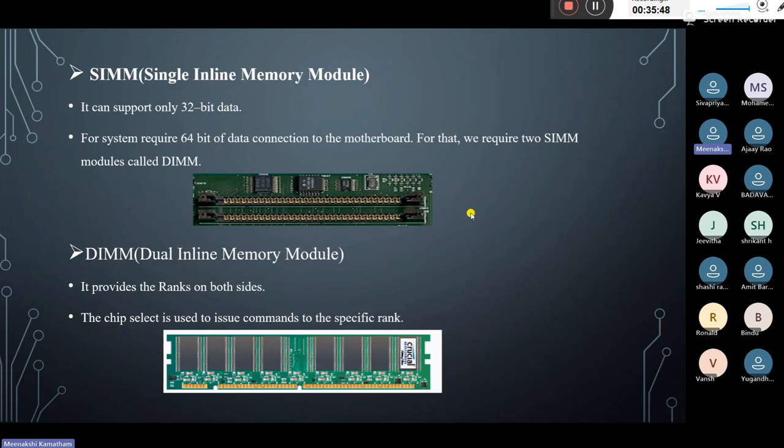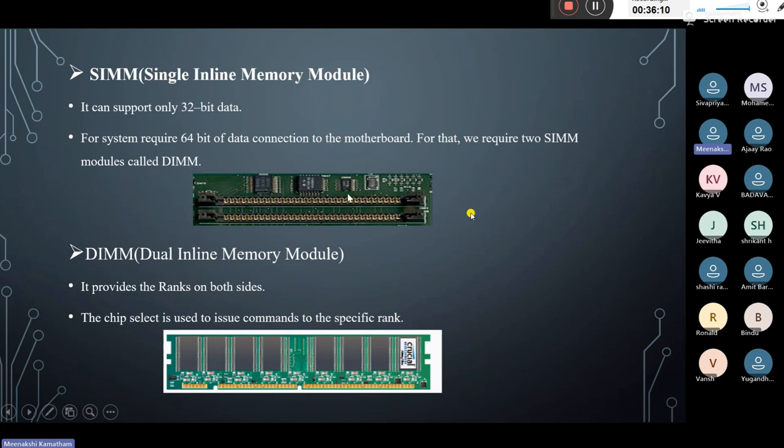But here we are using DIMMs. Initially DDR1 and SDRAM used SIMs. SIM means the single inline memory module. They used only one side. After that, the system required only 64 bits of data to the motherboard.